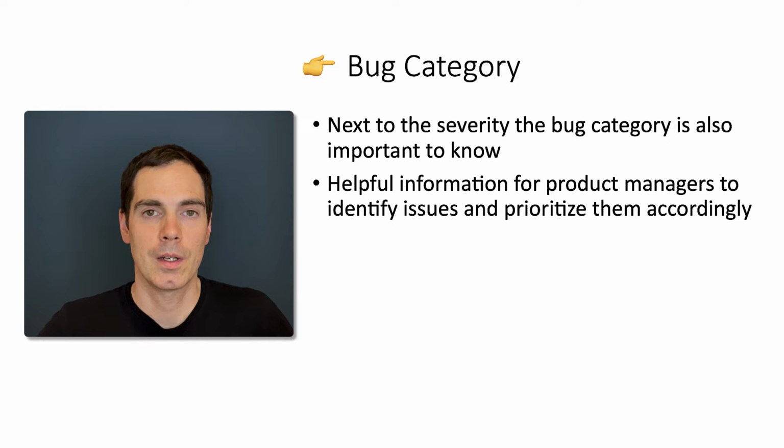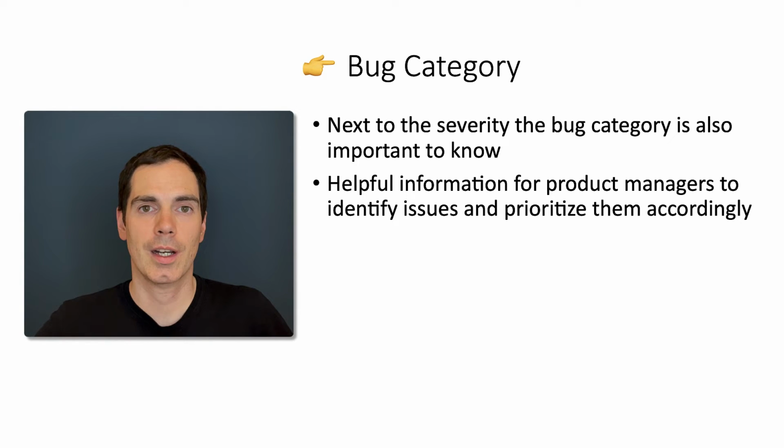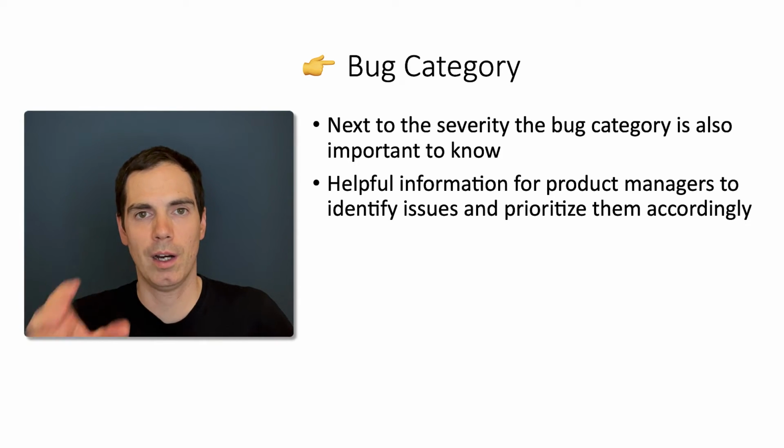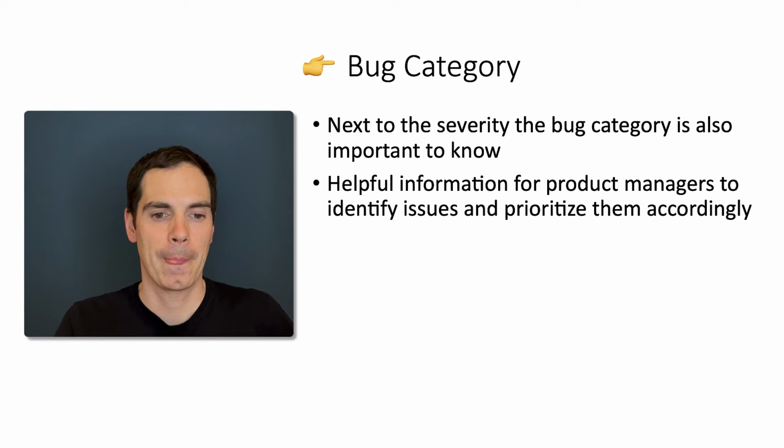These are 3 categories that you can label the bugs with, and with that the product manager can group and prioritize them together, and developers can work on them in one chunk, because usually developers like to work on a specific area with a specific focus, and they don't want to jump between UI, performance and app crashes.